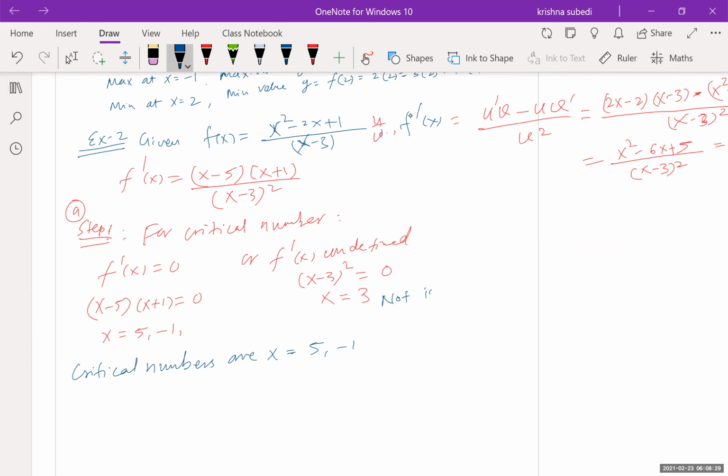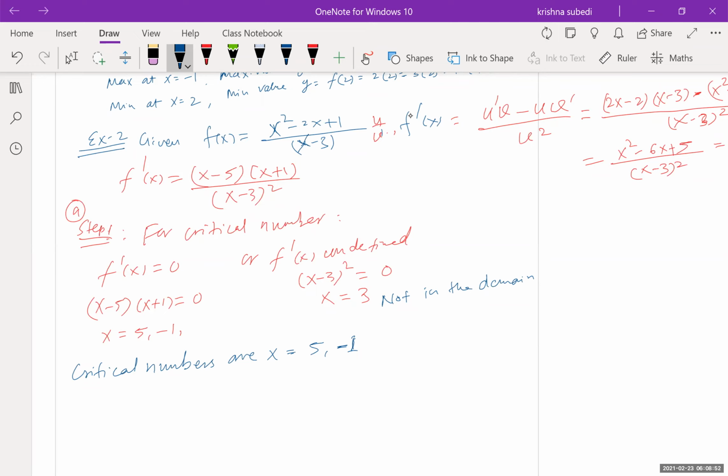This is not in the domain. So critical numbers are 5 and -1. That means the candidate for maxima and minima is only x, either maxima or minima will occur at 5 and -1, not at 3.